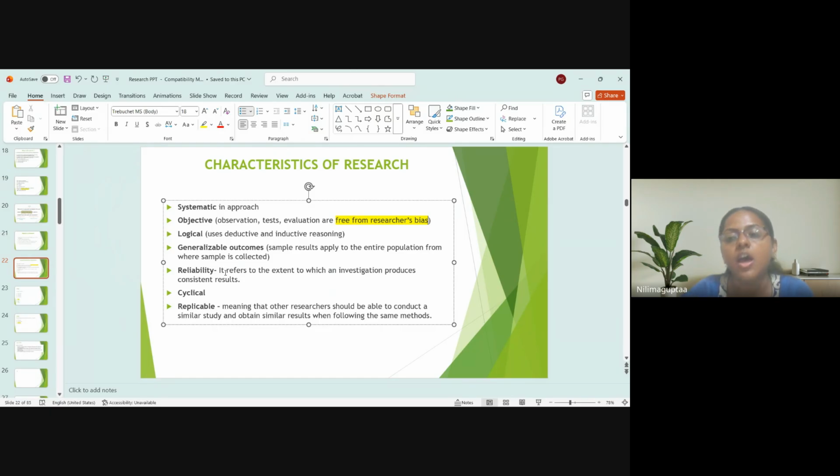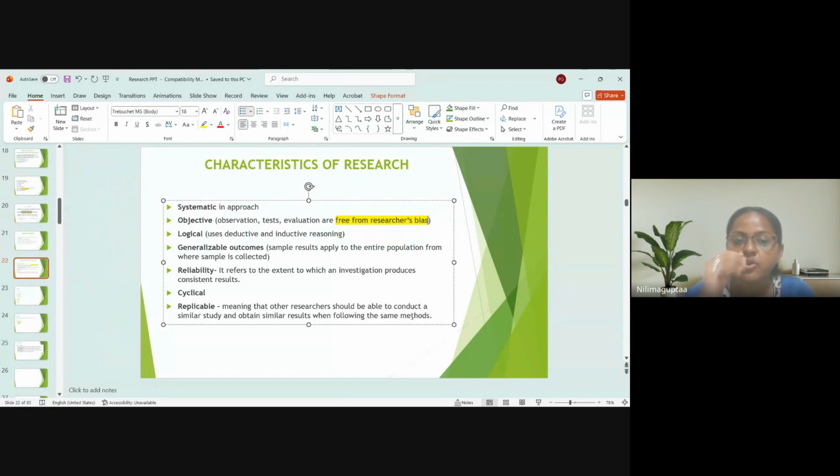Whenever you are doing a research, first you will do literature review, then you will do certain forming of hypothesis and writing thesis, and then everything. And the last characteristic that we have is replicable, meaning other researchers should be able to conduct a similar study and obtain a similar result when following the same methods.